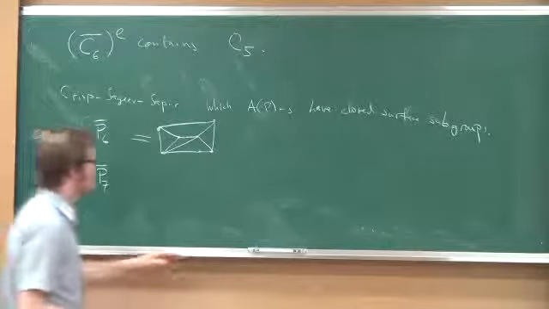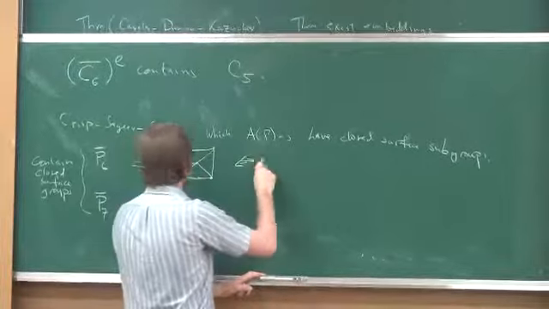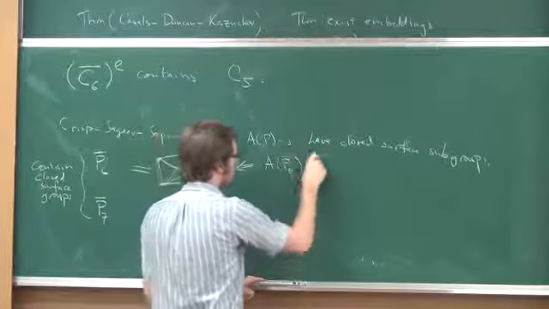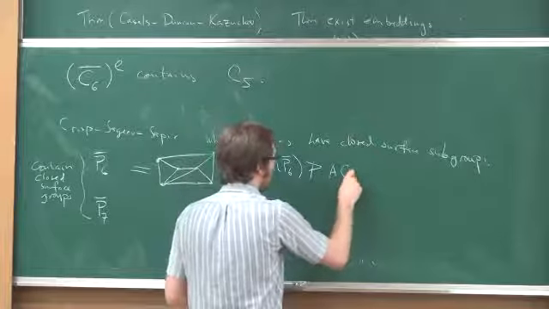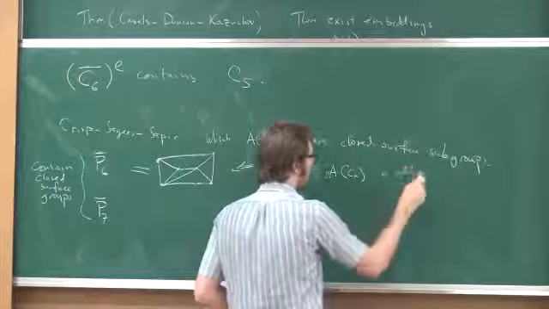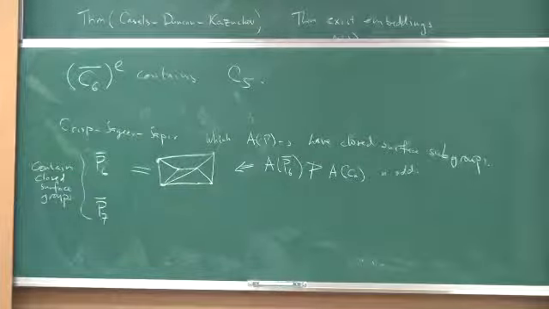What was shown by Crisp, Sapir, and Sagiv is that A of P6 bar does not contain A of Cn for n odd. And so it may contain A of C6 for all we know.